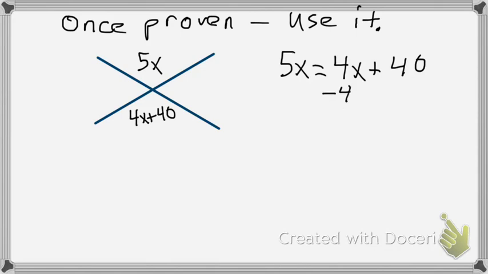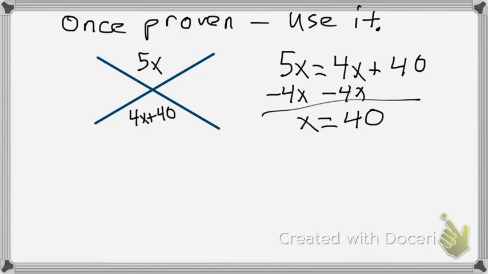What we're going to do is subtract 4x from both sides. That's the good old subtraction property of equality. This leaves us with x equals 40. Now, if the problem asks you to find x, this is where you'd stop.